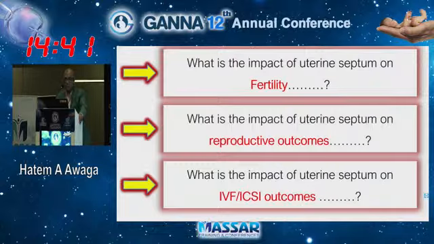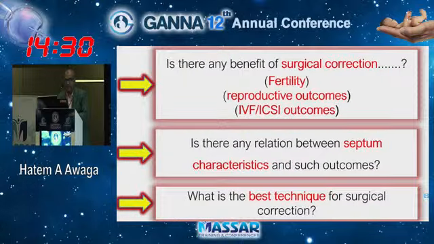The first question, what is the impact of septum on fertility? The second, impact of septum on the reproductive outcomes. The third is the impact of septum on the IVF outcomes. Then, is there a benefit of surgical correction for all these points? Is there a correlation between the septum characteristics and such outcomes?